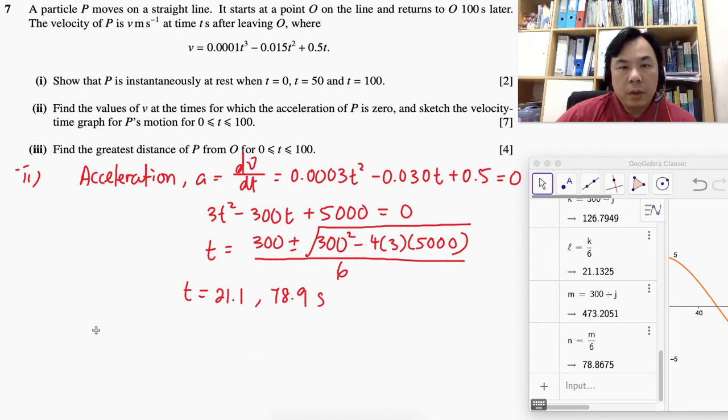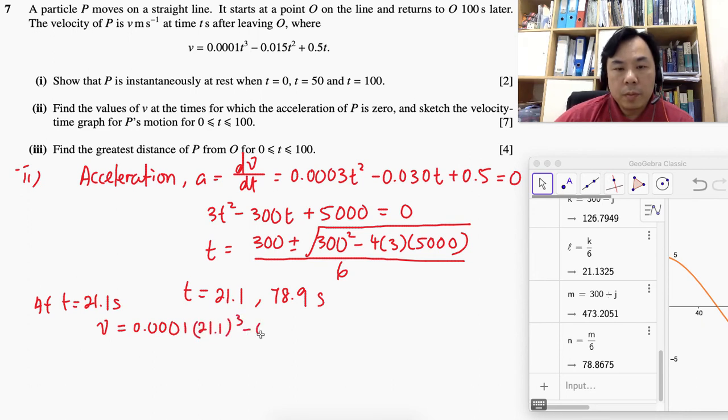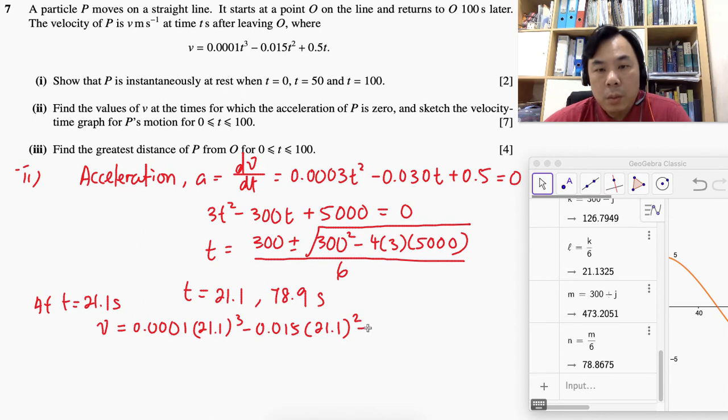Therefore, we are going to find the v then. So the v when t is equal to this, so at t equal to 21.1 seconds. All we need to do is just substitute this. So that is 21.1 square plus 0.5, 21.1.